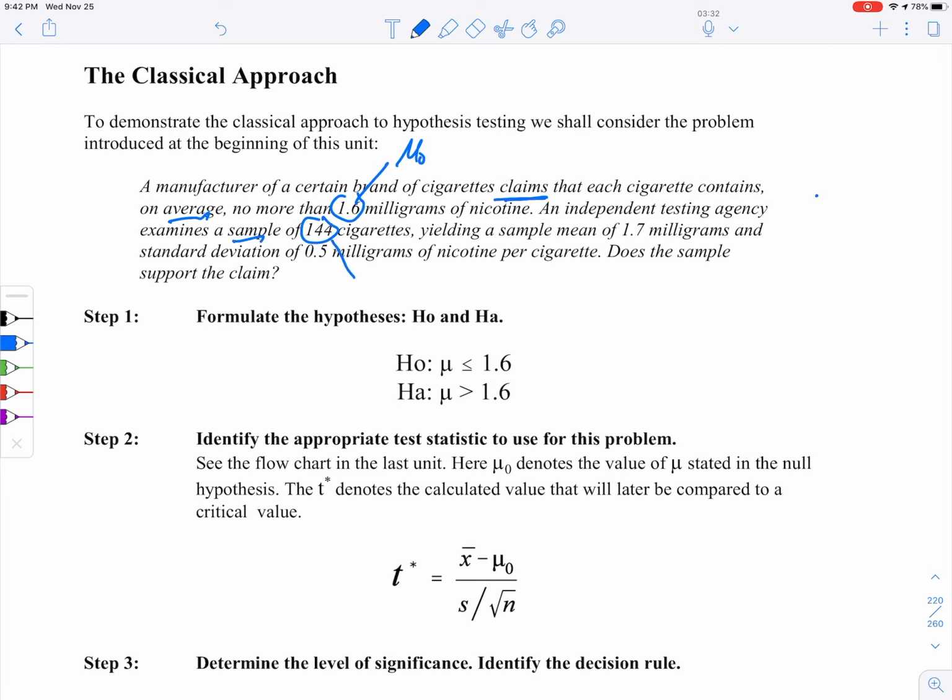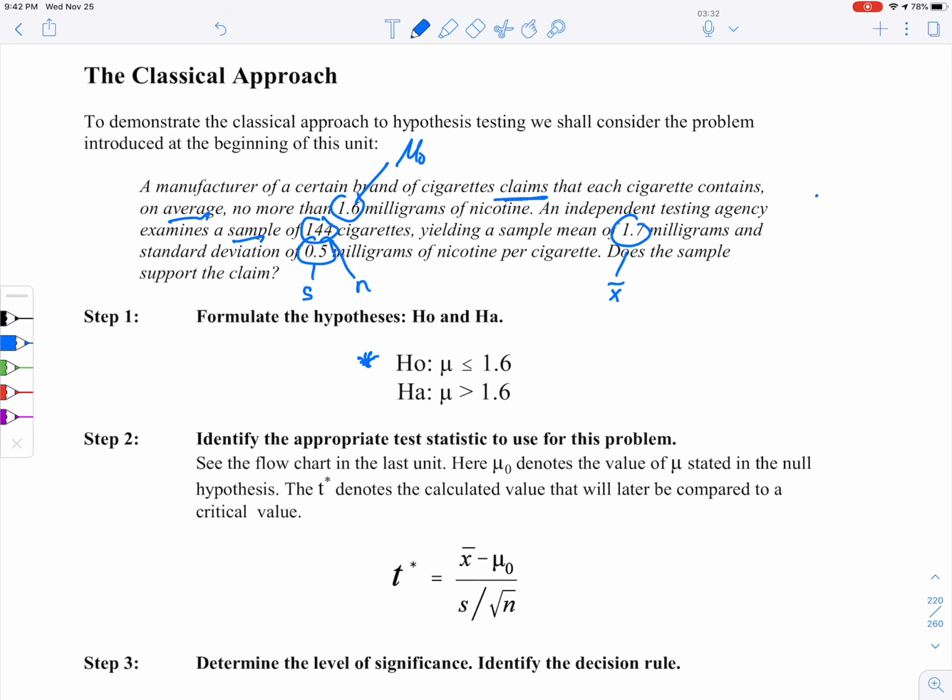Hypothesized mu. An independent testing agency examines a sample of 144, little n, yielding a sample mean, an x bar of 1.7, and a standard deviation, 0.5, is our S. Does the sample support the claim?